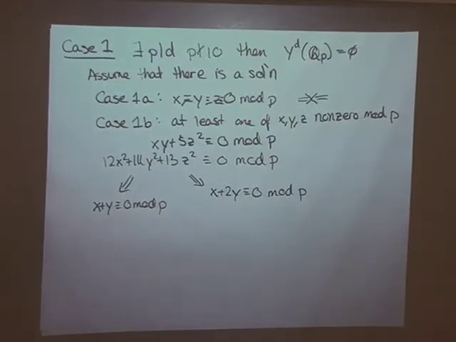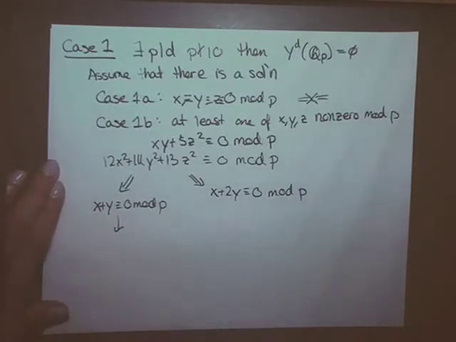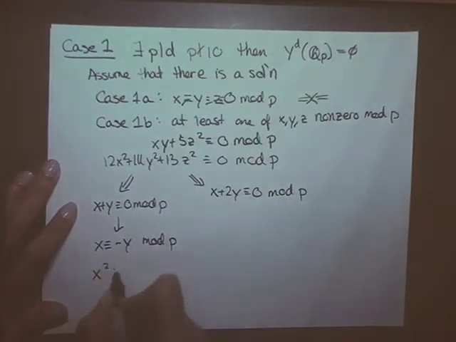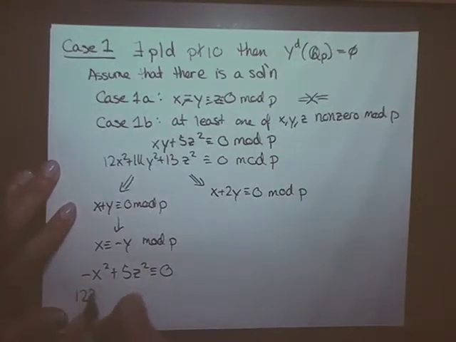Okay, so let's look at this case. Well, then x has to be congruent to minus y mod p. So if we plug these in, then we get minus x squared plus 5z squared congruent to 0, and 123x squared plus 13z squared congruent to 0. So you immediately run into a contradiction if these equations are linearly independent.